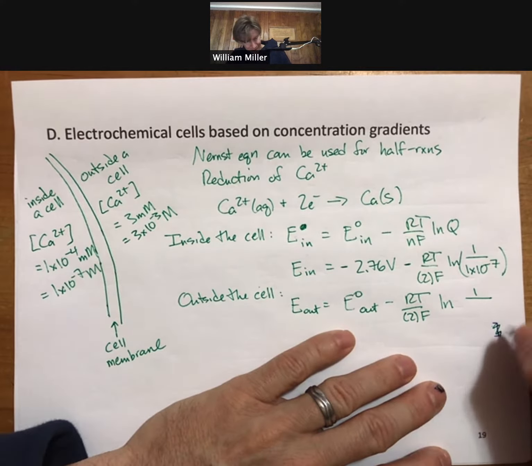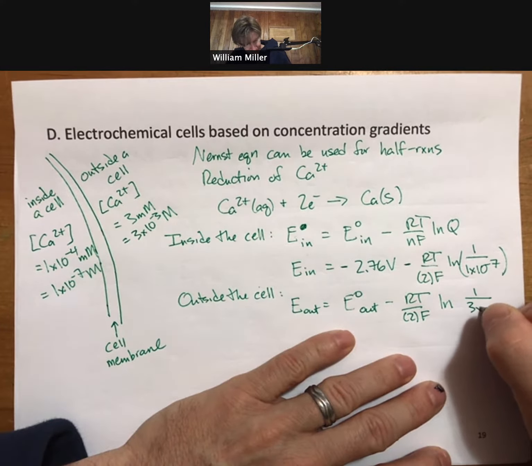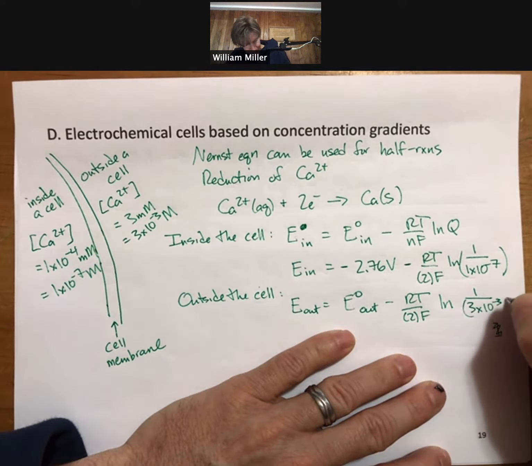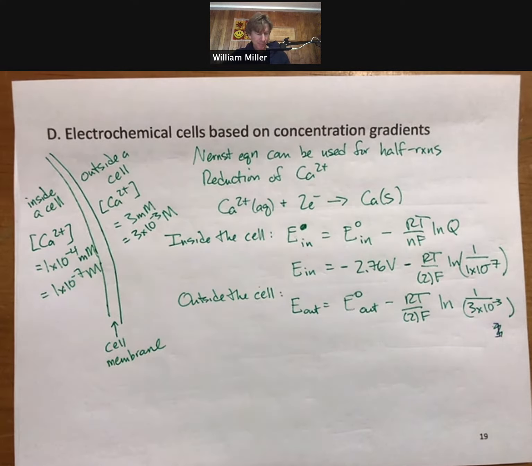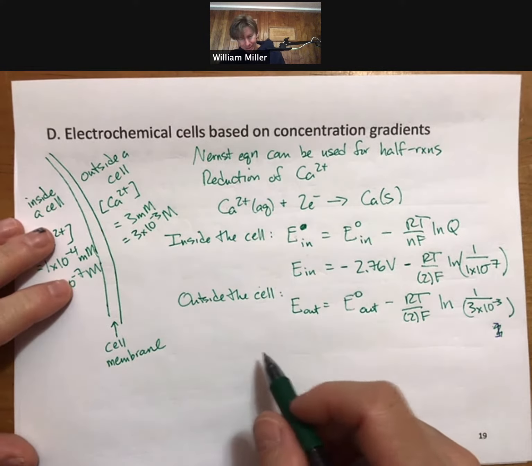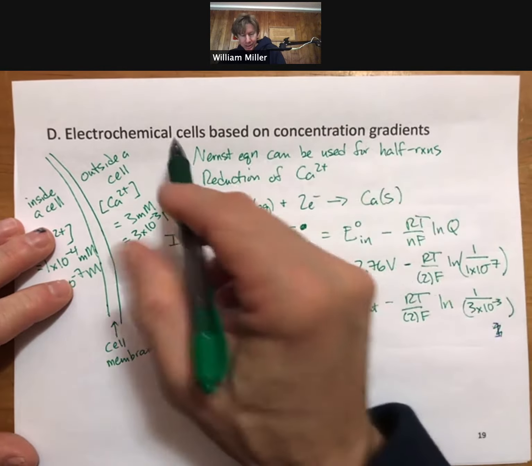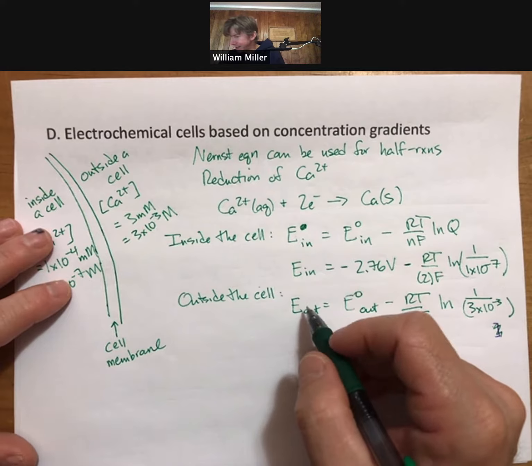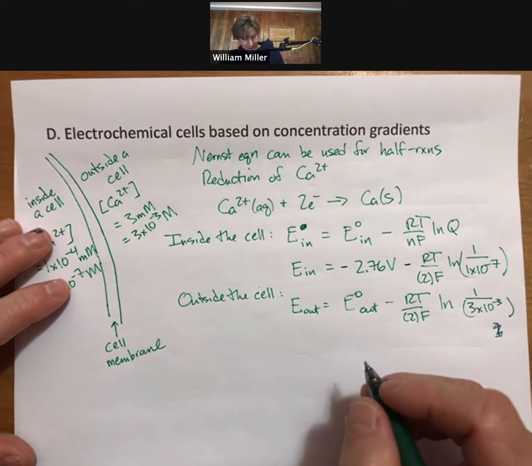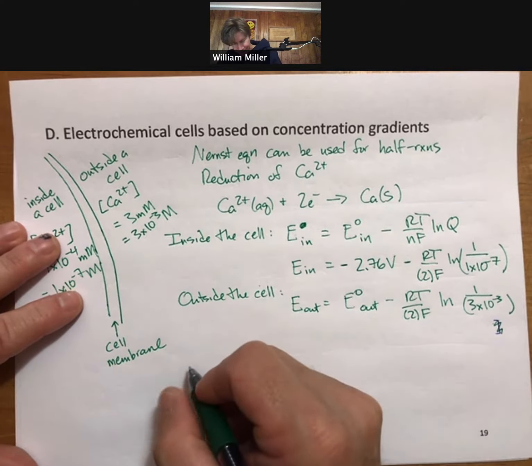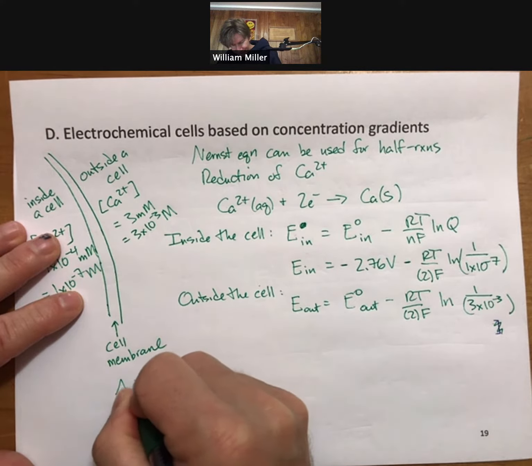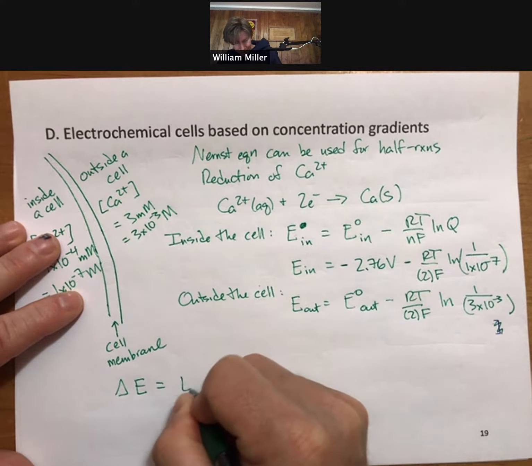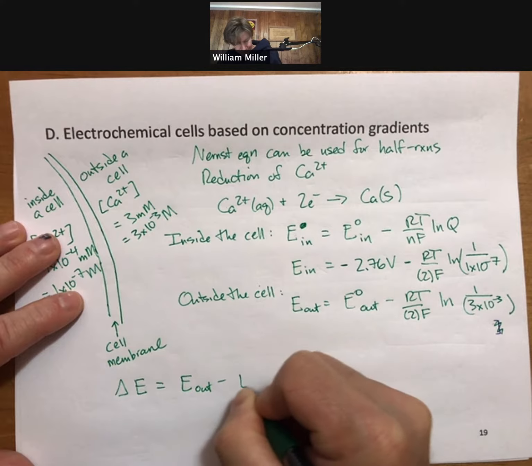Oh, that's from my last slide. Like so. And now what we can do is look at the cell potential difference from outside to inside the cell. So delta E equals E out minus E in.